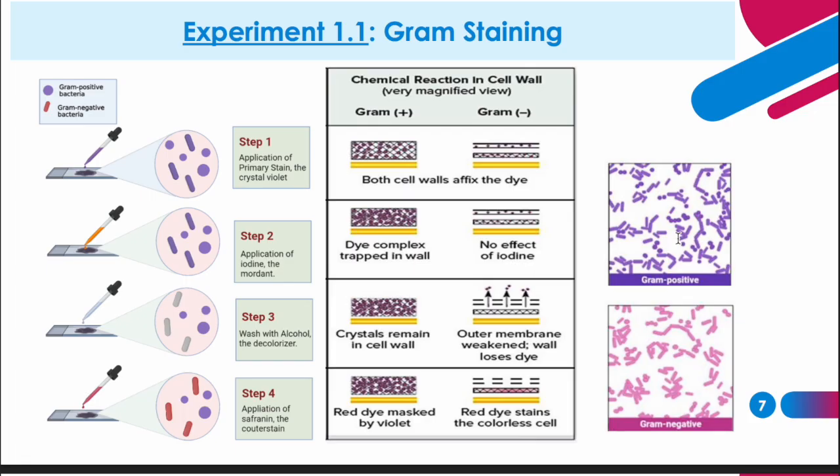The first step, you use the primary stain, which is crystal violet. The second step is iodine as a mordant. The third step is alcohol, which is a decolorizer. And the fourth step is safranin. For every step, you need to wash with water before the next step.